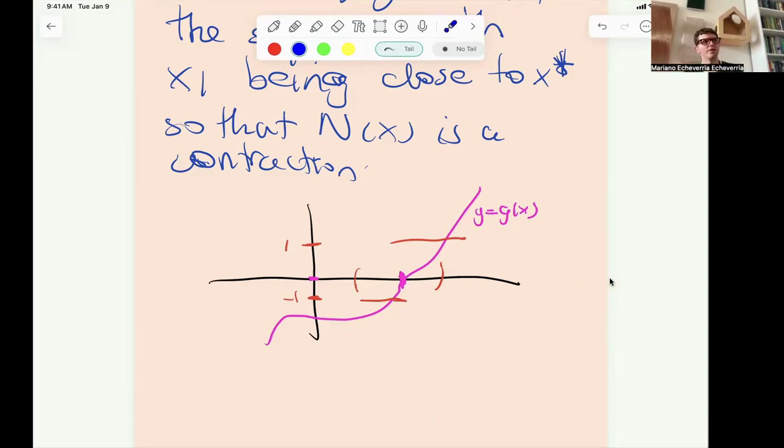Okay, so the last thing that I was going to tell you about today is a bit about error estimates. Because if you notice, what we have been doing this week is that there was a point that was useful for us, maybe where the function becomes zero or where the point is a fixed point for the function, and then we constructed a sequence that approaches that particular point, right?